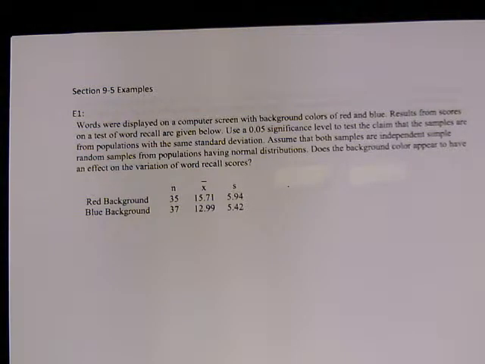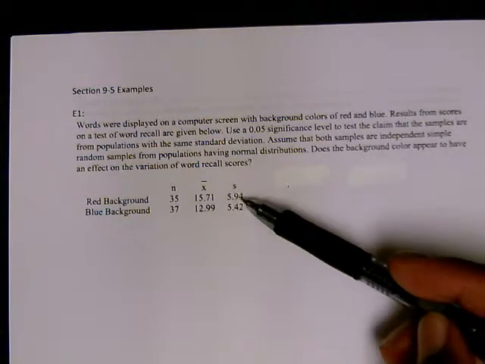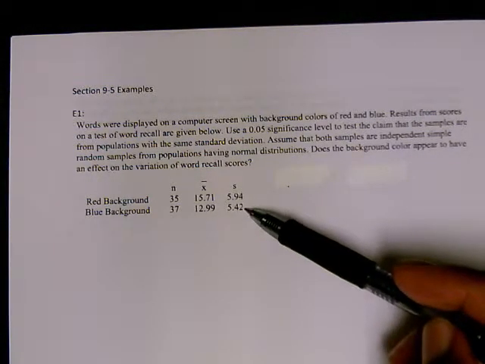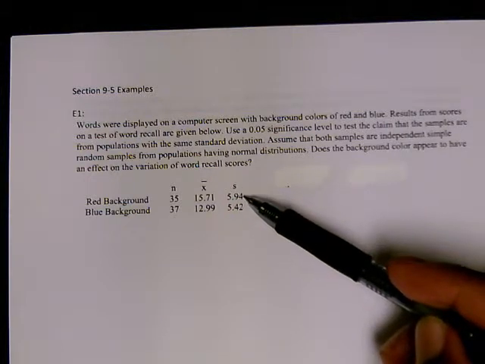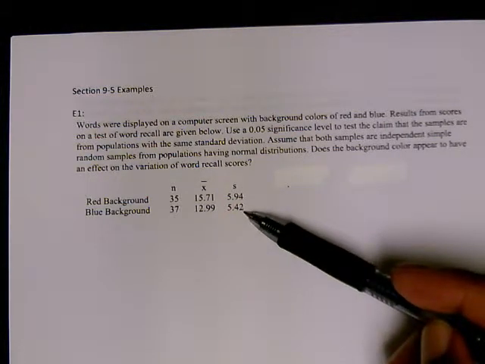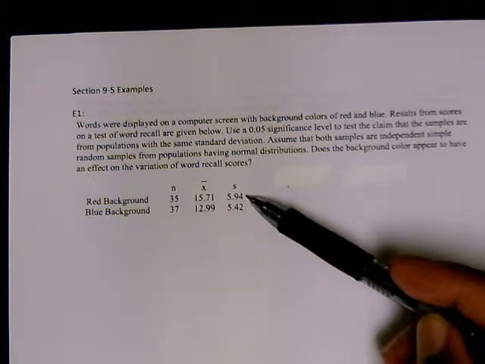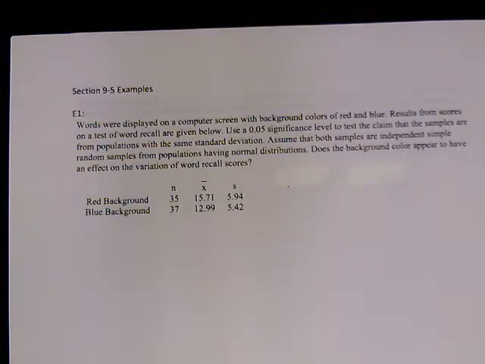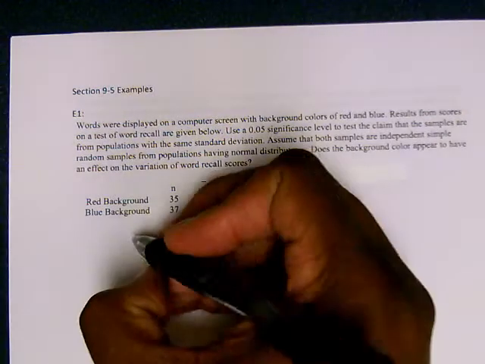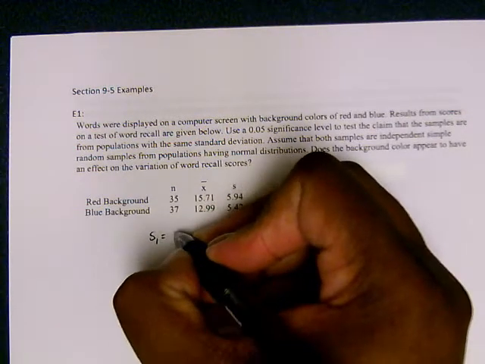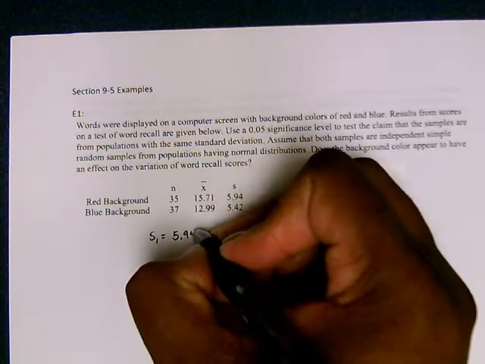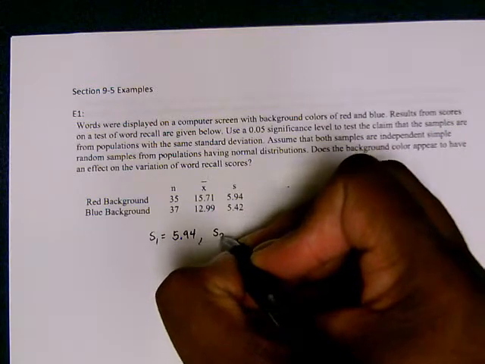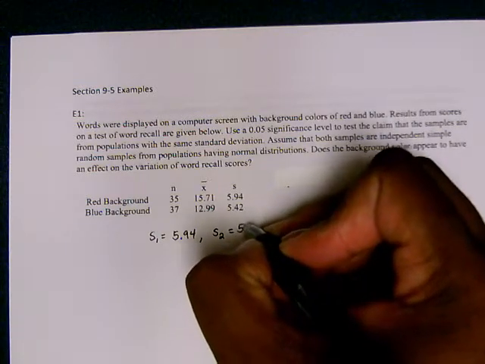Since we're given the sample standard deviation, we have to pick the larger of the two and let that be S1. The larger is 5.94, so we're going to let S1 be 5.94. And S2 will be 5.42.